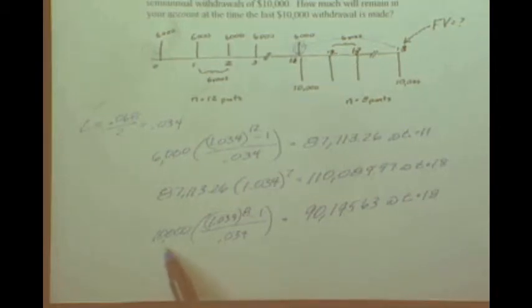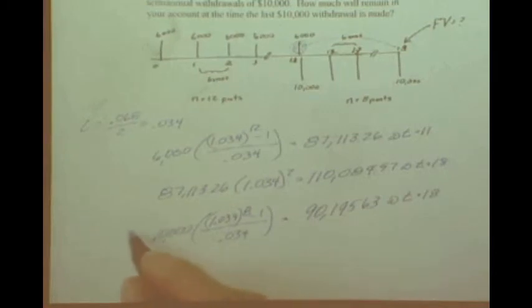And these 8 payments of $10,000 consolidate at time 18 to be a future value of $90,000. As a quick check, that's a reasonable number. 8 payments of $10,000 would amount to $80,000. Well, we accumulated $90,000, so we made about $10,000 interest along the way.